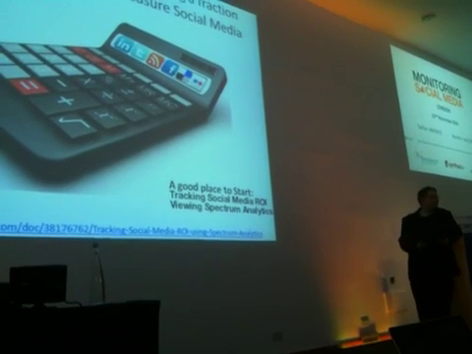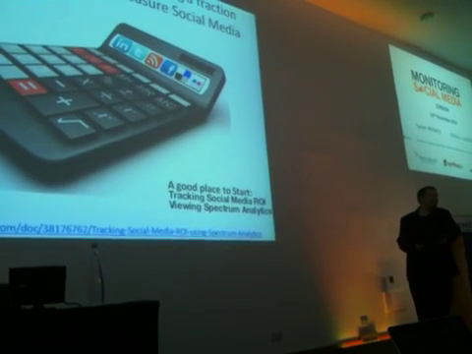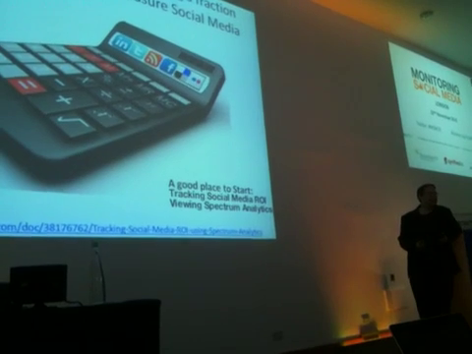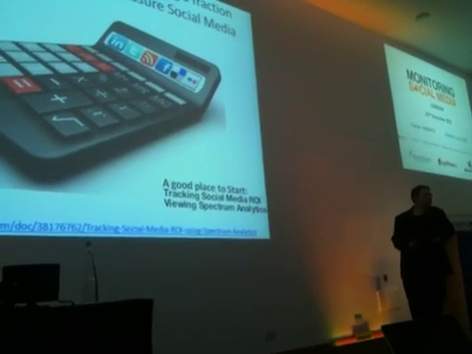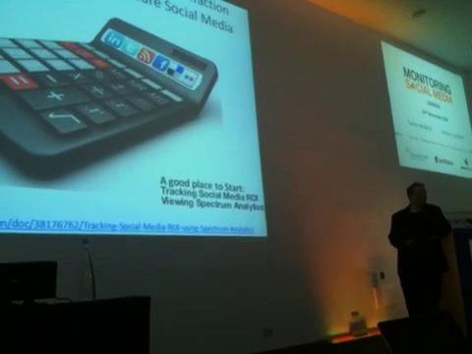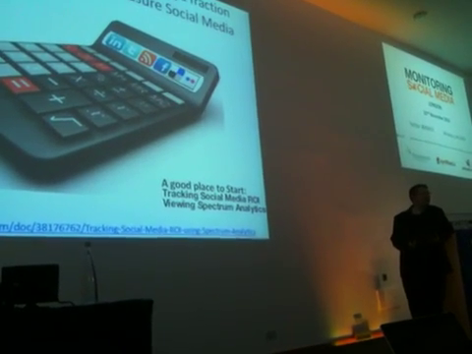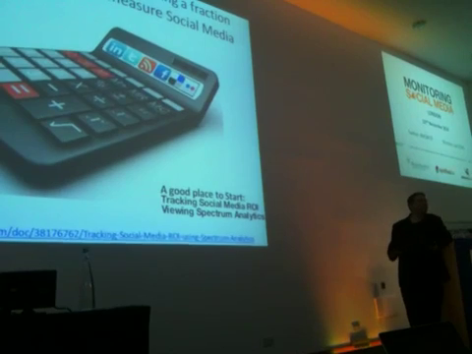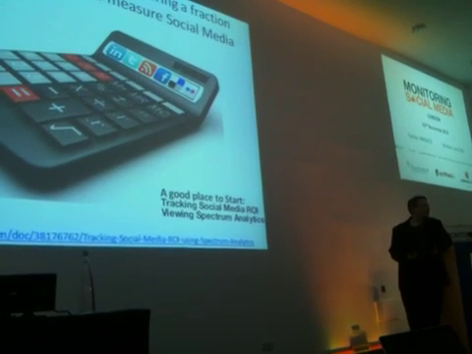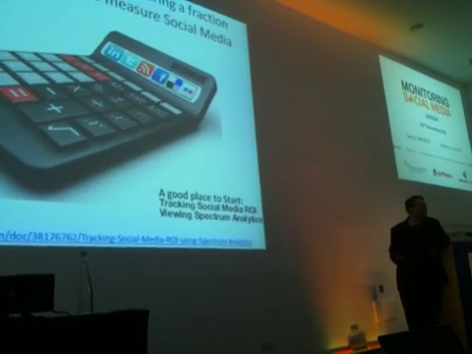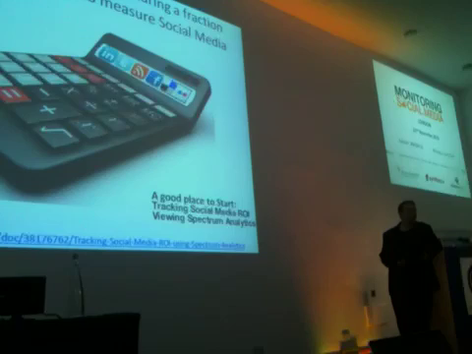We know how many people are in this room because we count people coming in, and we might know everybody that's tweeting here, but there's a lot of other data about what's happening in this room right now. We might not be able to capture all of it, but that doesn't mean it's not there. It just means that it's ultraviolet, meaning we can't see it because we don't have the right devices to capture it.